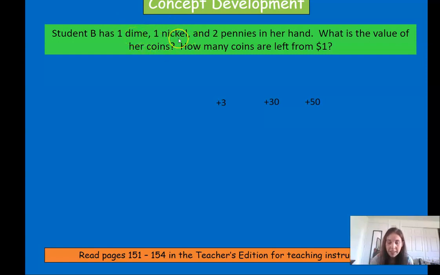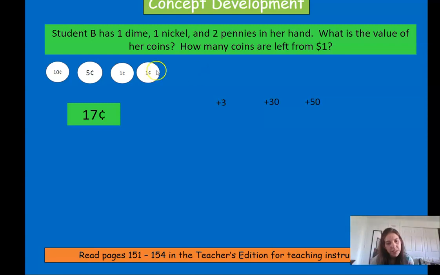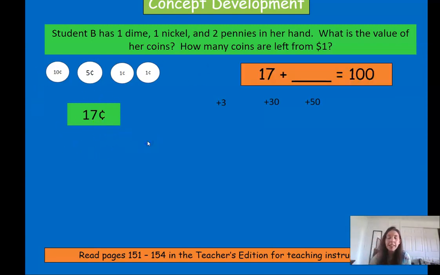And then a nickel is worth how many? 5. So 10 plus 5 equals 15. And then 2 more, just 17. 17 cents. Now we want to see from 17, we're going to count up until we get to 100, okay?